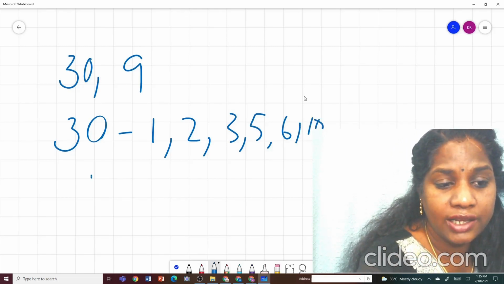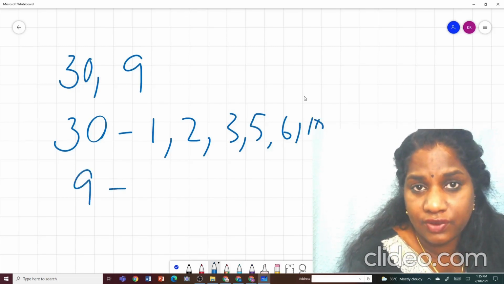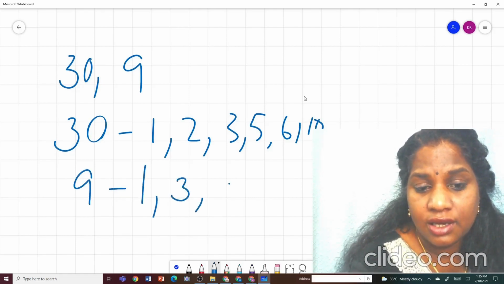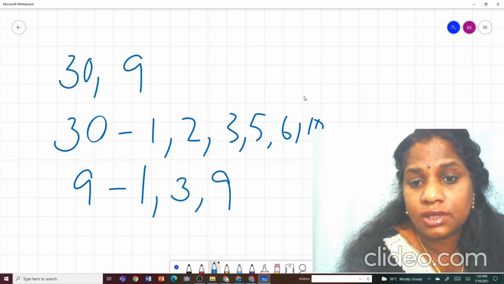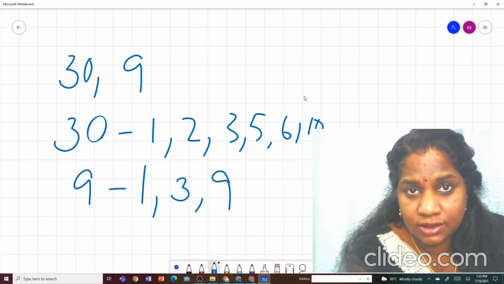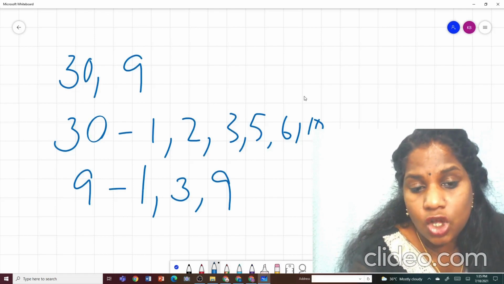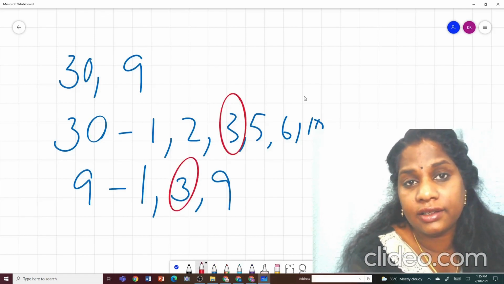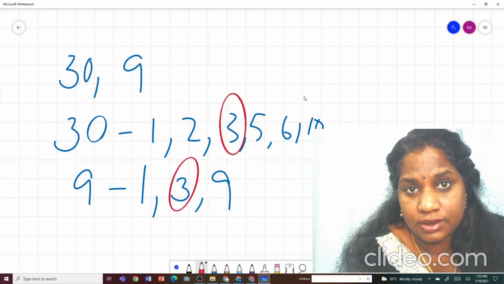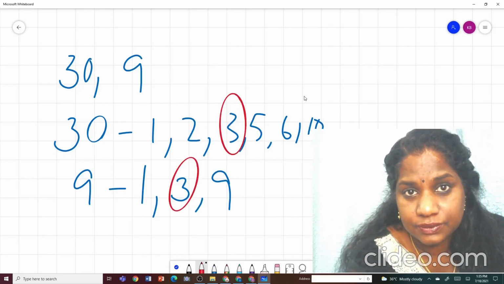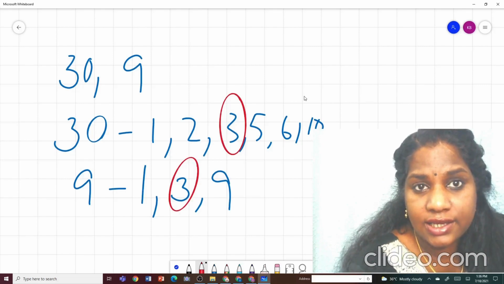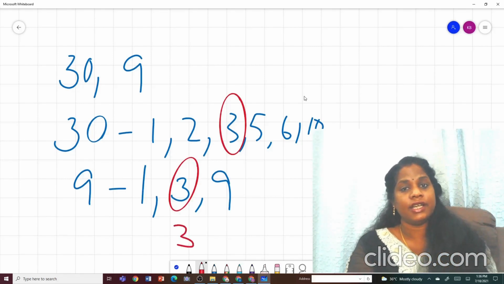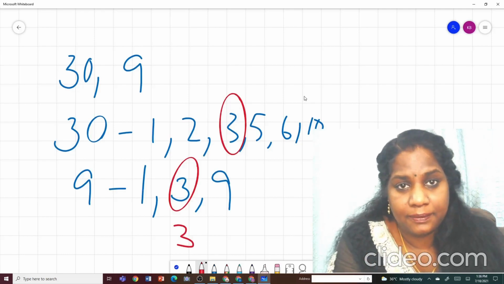And how about 9? What are the factors of 9? 1 always comes, 3 comes, and then 9. After that, is there any more factor? No. Right? So which is the common factor? 3 and 3 are common. Correct? So the highest common factor is 3 for 30 and 9.